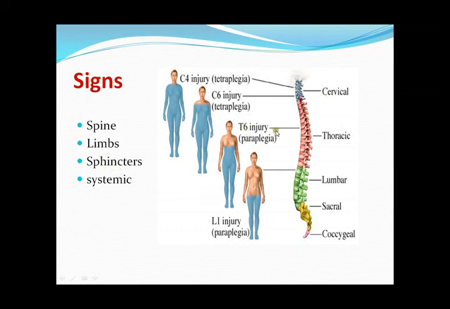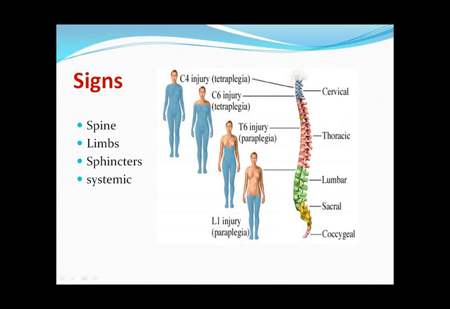If a patient has tenderness and pain in the thoracic region, and weakness of the lower limbs but the upper limbs are intact, the lesion is here. If a patient has pain in the lumbar region and there is only sensory involvement but the motor is intact, it means that the lesion is below L2.